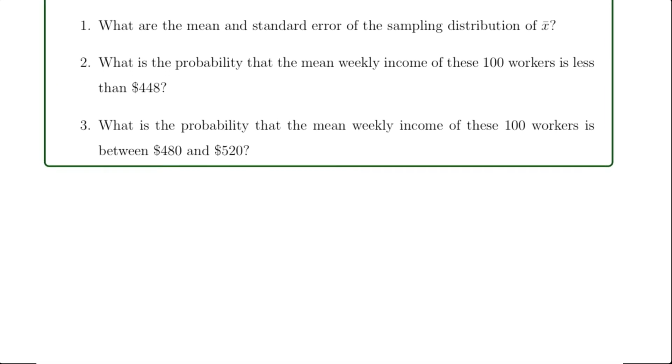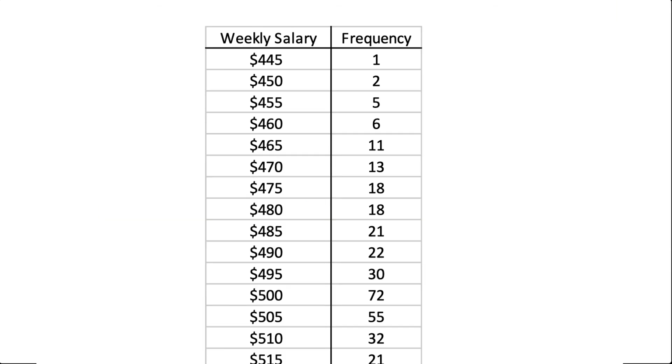Now we have two properties that allow us to answer question one. The first is that the mean of the sampling distribution is exactly the mean of the population, and that is $500. And then we have a formula for the standard error, which is the standard deviation of this sampling distribution.